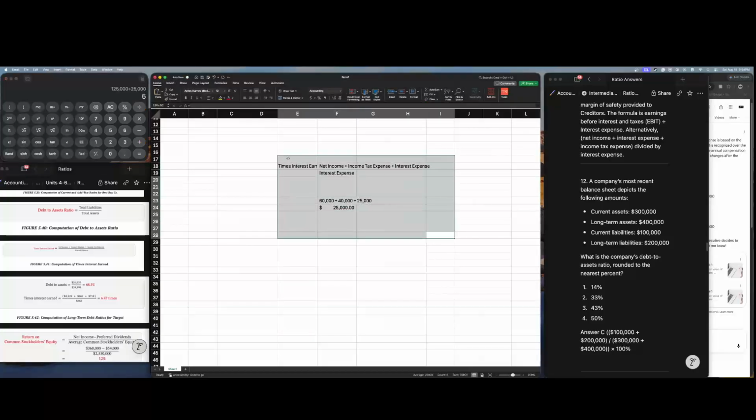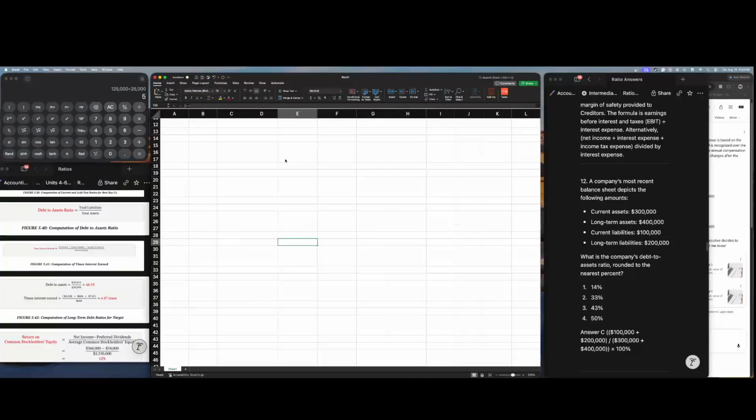So the debt to asset ratio is total debt, total liabilities divided by total assets. Not the average, but the total. Total liability divided by total assets.